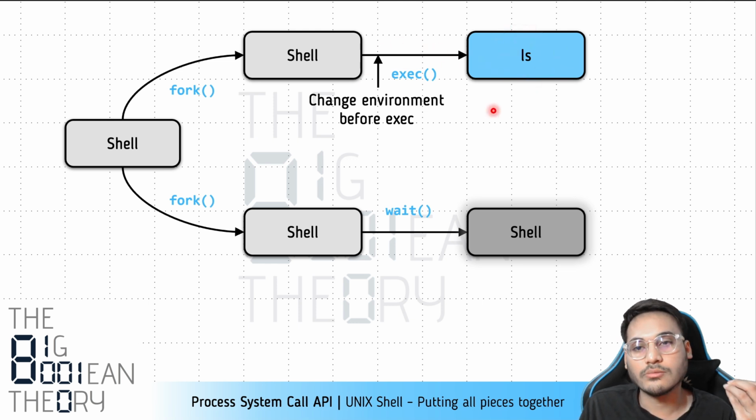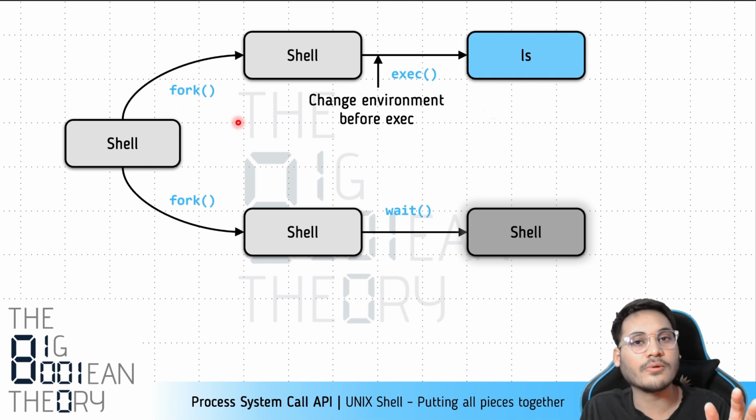It could have very well been that the functionality of fork and exec would be put together into one system call, right? There could be one single system call that would create a new process and execute a new program. But in the Unix interface, things are not this way. In the Unix interface, there is a separation of concern. The system call for creation of a new process just creates a copy of the original process, nothing else. That is the fork system call, which is separate from exec.